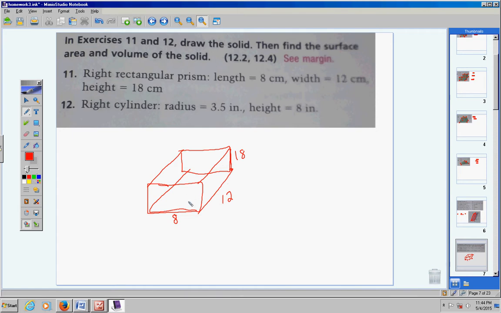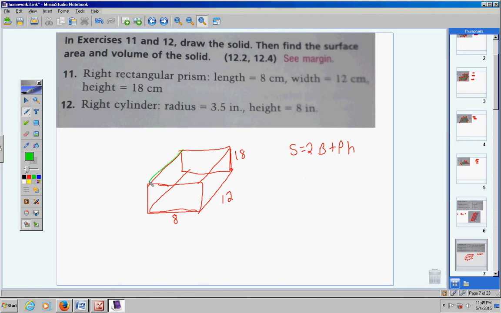Now, in order to find the surface area of a right prism, there's a formula that we learned, okay? And you're welcome to have this written down for your test, of course: 2 times the area of the base plus the perimeter of the base times the height, okay? So let's first of all highlight the base.